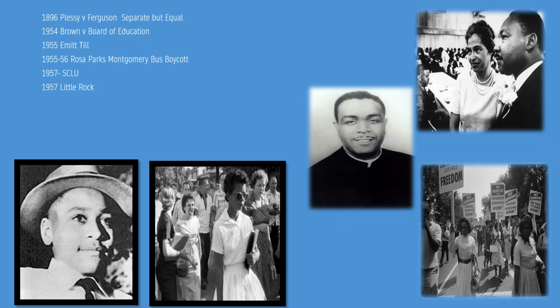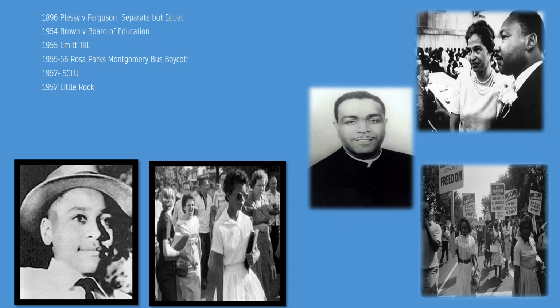So 4 days later, August 28th, the husband and the half-brother kidnap this 14-year-old boy from his uncle's house. They beat him and they shoot him and they dump his body in the river, weighing it down with a cotton gin fan.